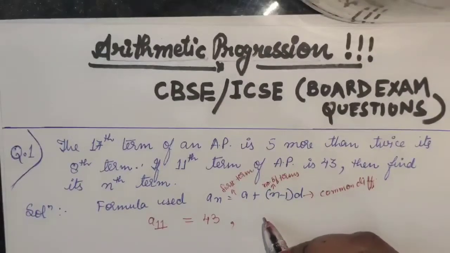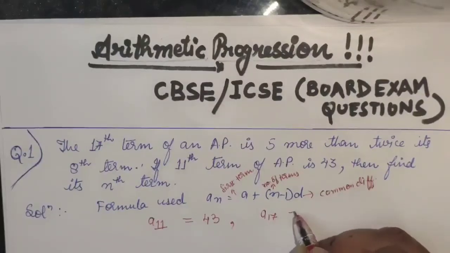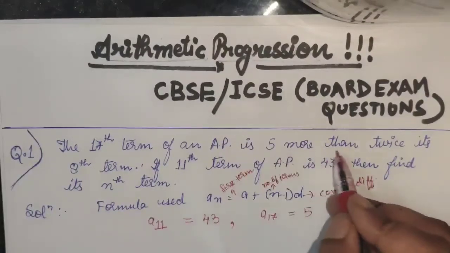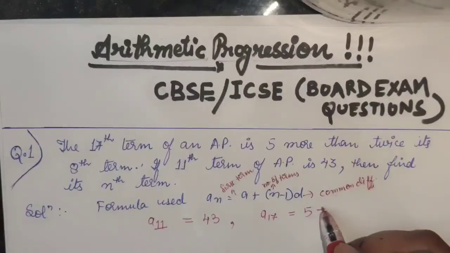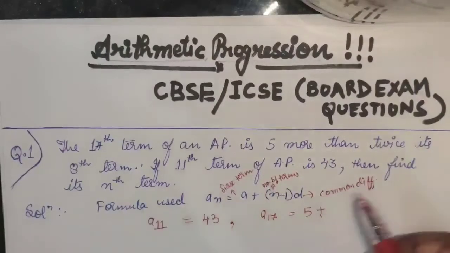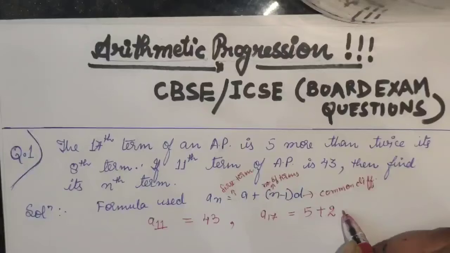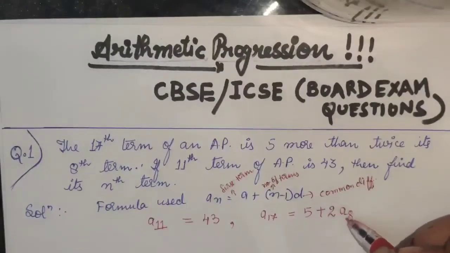Next you can write that A17 is equal to 5 more than, means 5 plus, twice its 8th term, 2 times of A8. A8 you can understand, that is the 8th term.